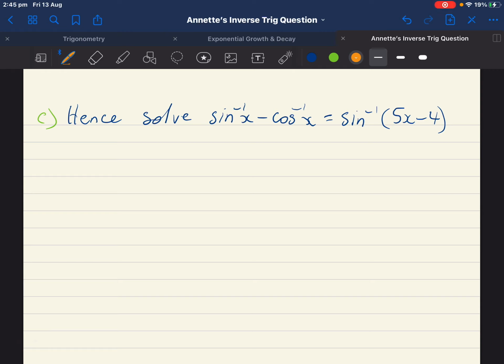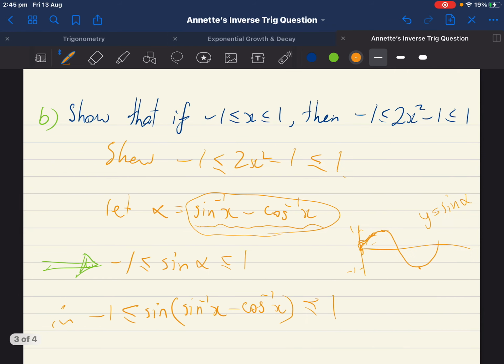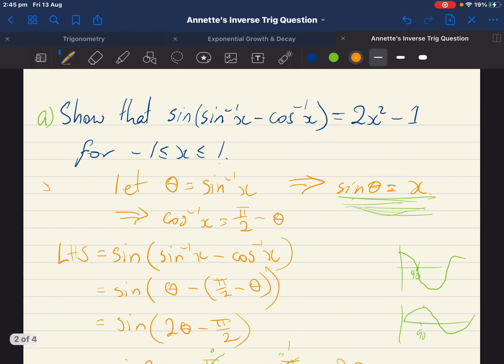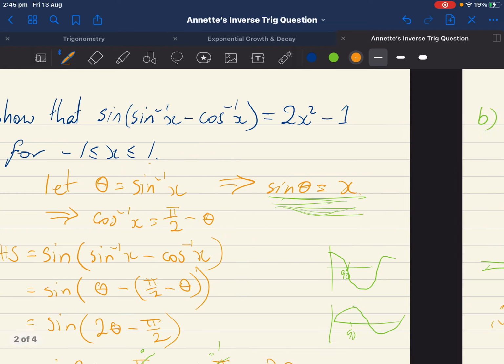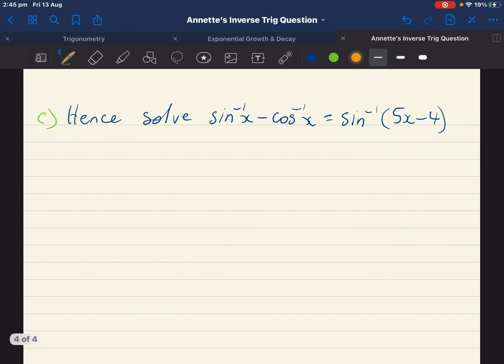All right, so we want to solve this equation here. First up, inverse sine x minus inverse cos x. It looks a whole lot like the result we got in part A. The only difference is it had a sine in front of it, right? Well, if you check the right-hand side, we have an inverse sine here. The very first step in my equation solving is I'm going to take this inverse sine and move it to the other side.